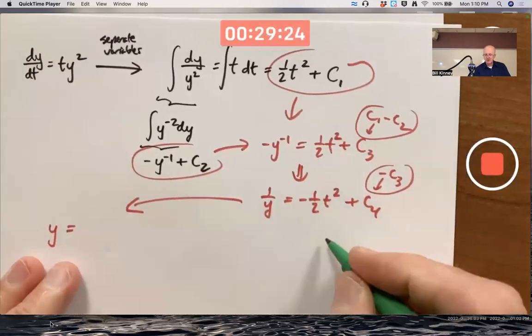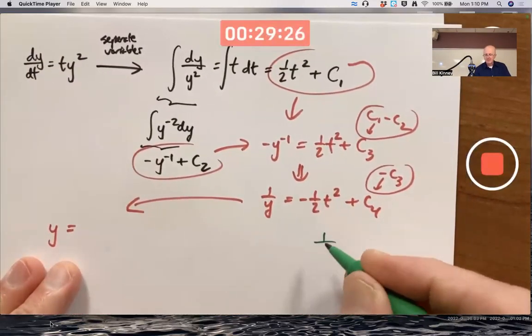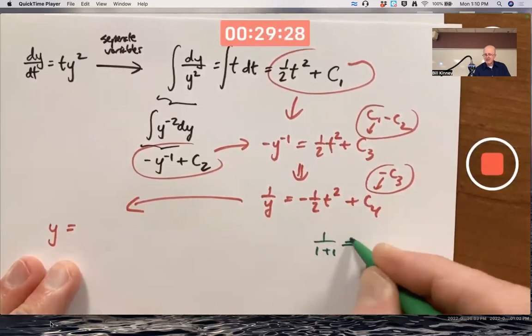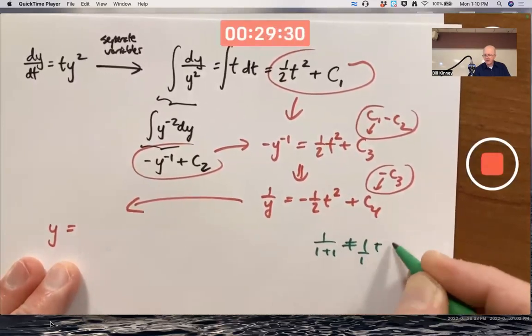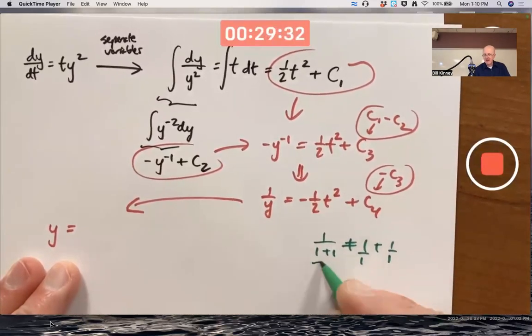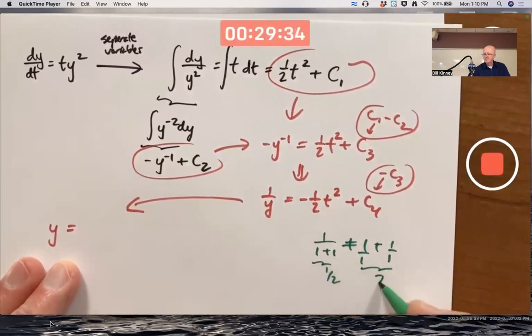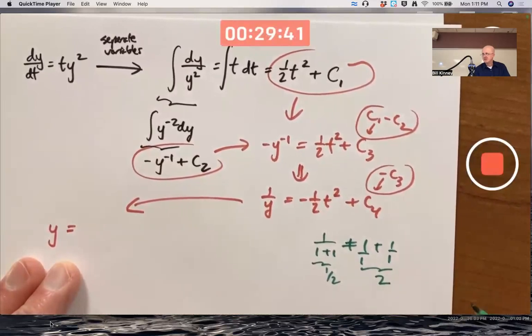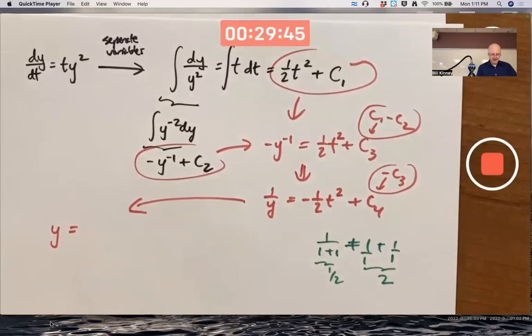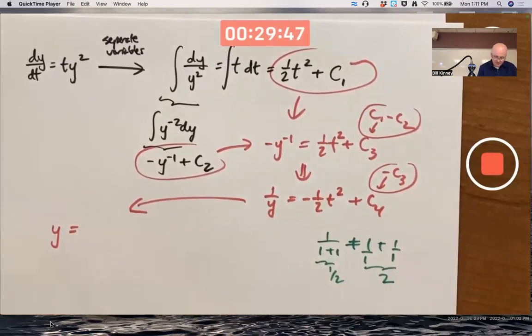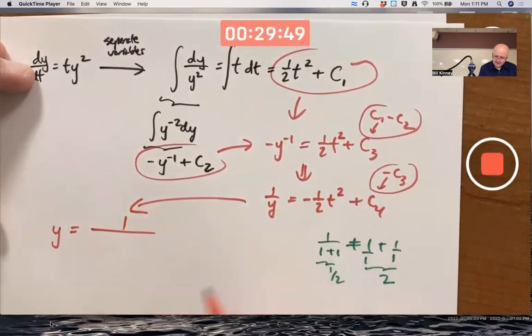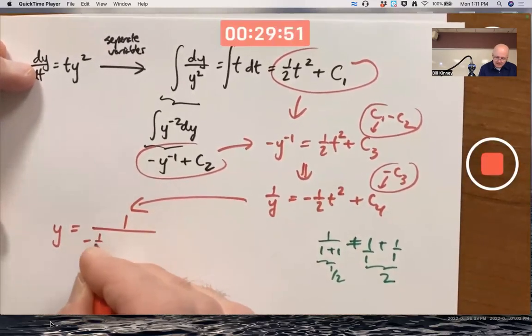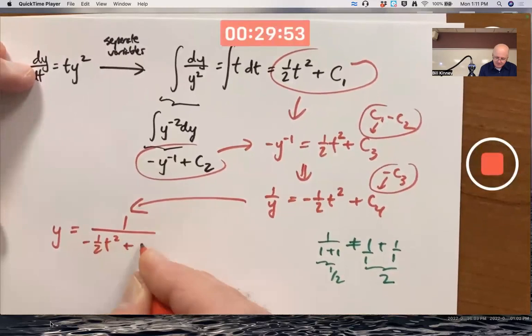For example, 1 over 1 plus 1 does not equal 1 over 1 plus 1 over 1, right? That's 1/2. That's 2. You can't break it into two fractions like that. So you need to do 1 over the entire thing. 1 over this entire thing needs to be in the bottom.